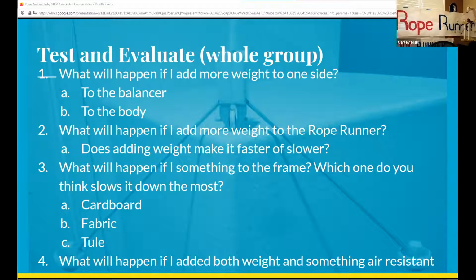Okay, here it is without any weight. There we go. And now, I'll use more weight. I'm going to add weight to our rope runner, just like that. And we'll roll it again. Here we go.